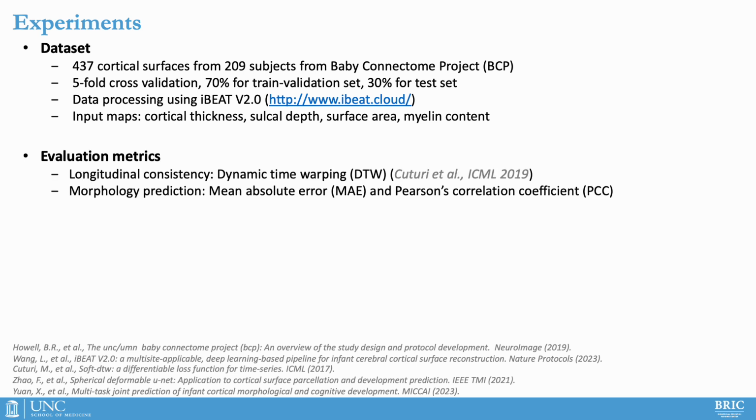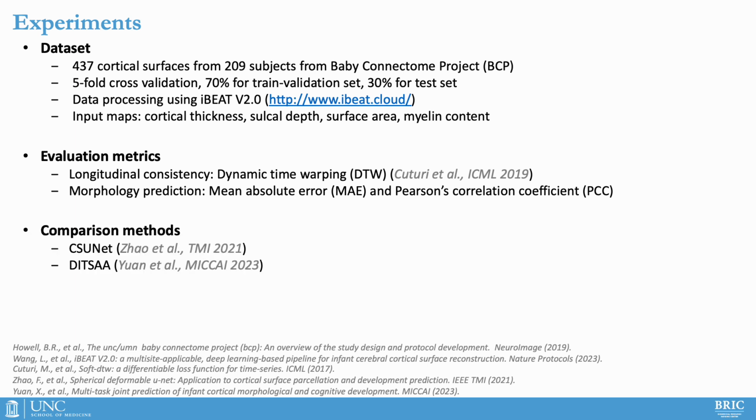We use dynamic time warping distance for validation of longitudinal consistency, and the mean absolute error and Pearson correlation coefficient as the evaluation metrics for morphology prediction. We benchmark our framework against 2 spherical neural networks, the CSUNet and the DITSAA.